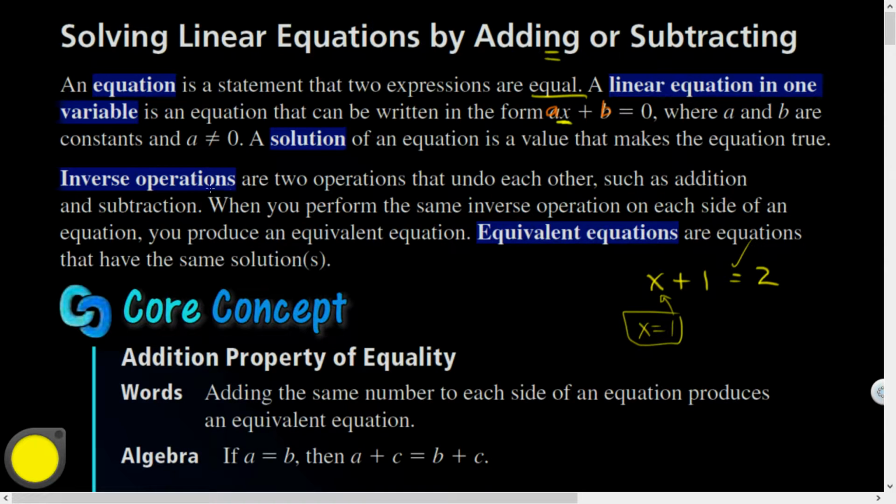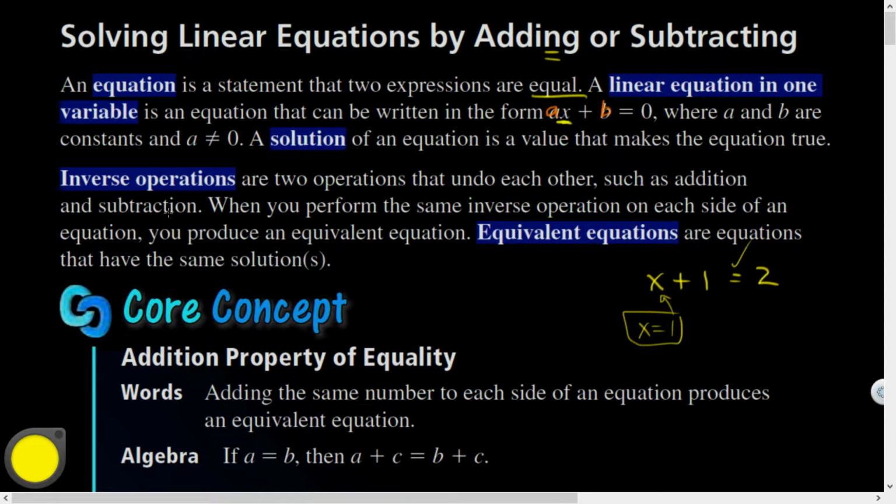All right, where we're going to undo the thing that's happening to x. All right, and inverse operations are two operations that undo each other, such as addition and subtraction, right? Adding and subtracting, they undo one another. All right. What's another pair of inverse operations?